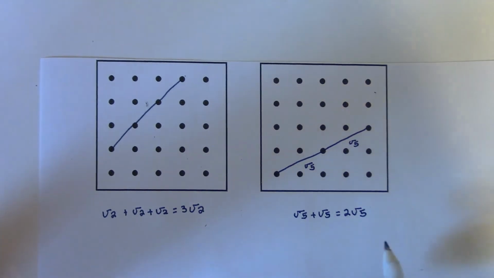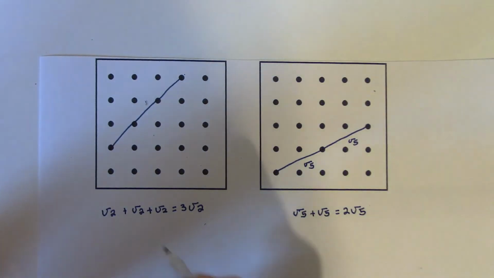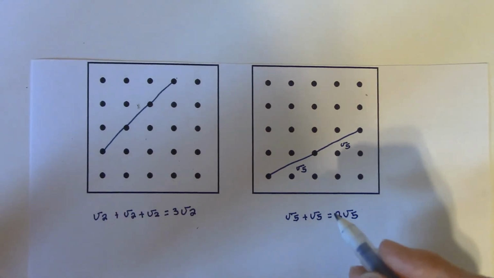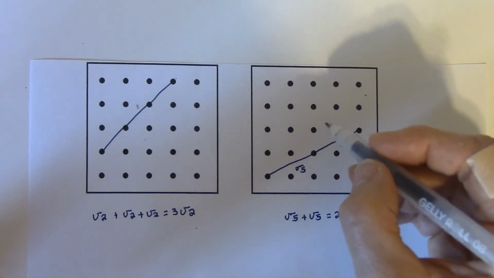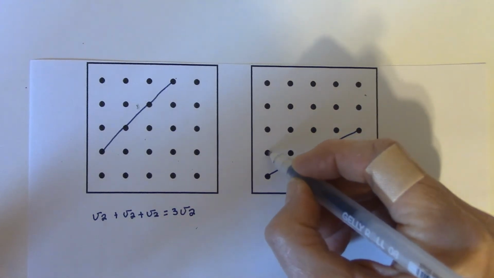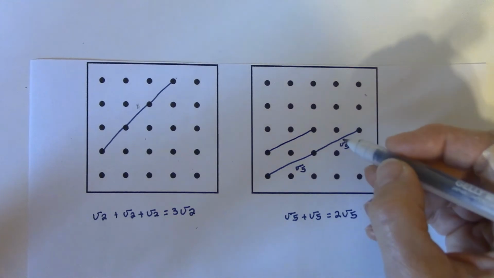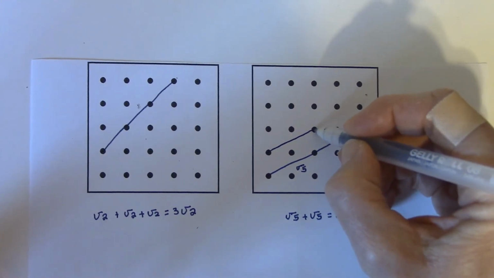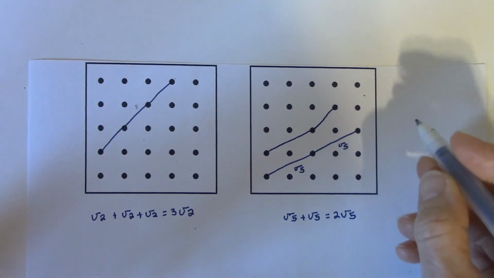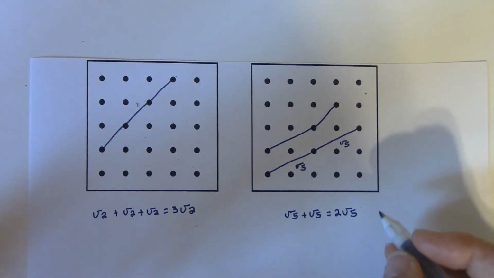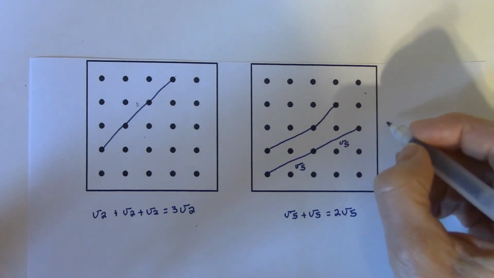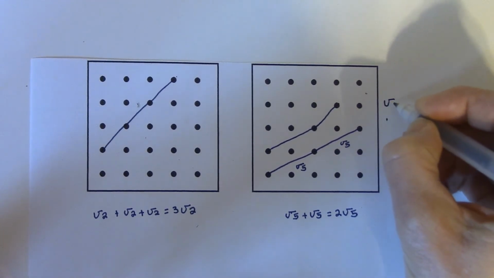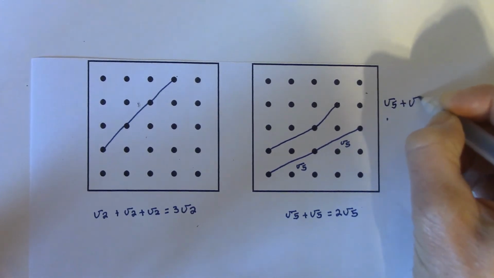But what if we put them together? What if we have, let's say, the square root of 5 here, and I want to add the square root of 2. And I'm going to have the square root of 5 here, the square root of 5 plus the square root of 2.